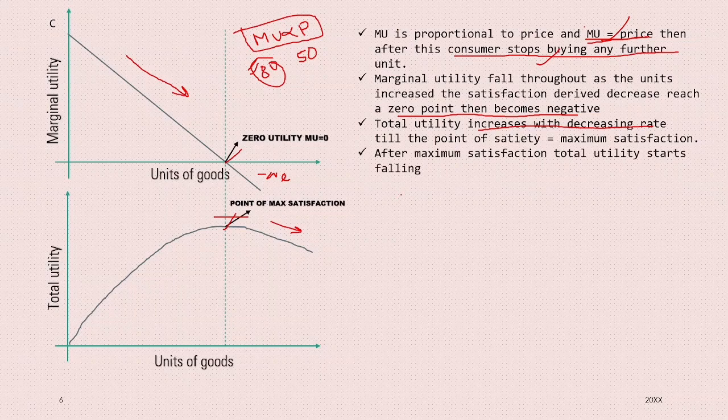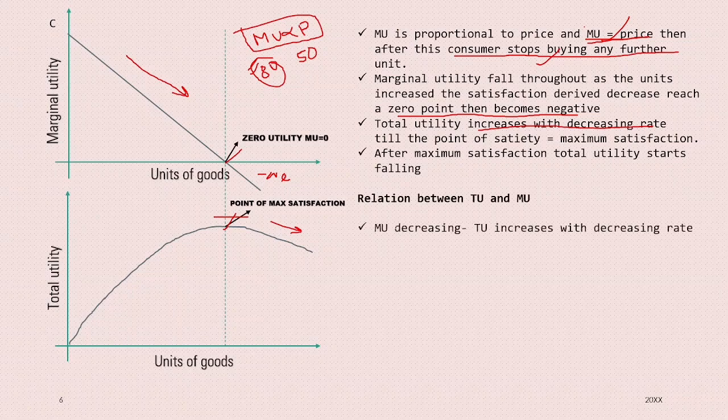Now let's see the relation between total utility and marginal utility. First is when marginal utility is decreasing, then what is happening in total utility? It is increasing but at a decreasing rate. Okay, now the second point, when marginal utility is 0, total utility is maximum. Now when marginal utility becomes negative, total utility is decreasing.